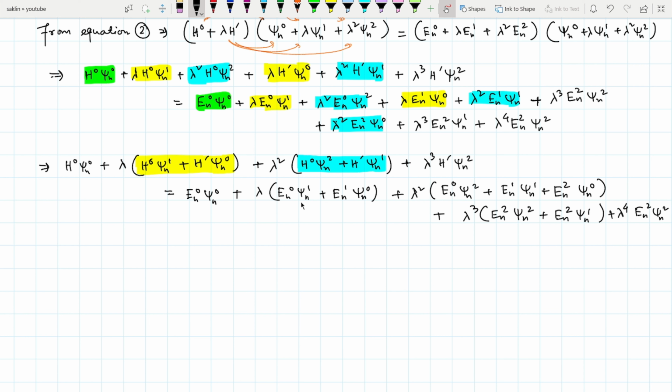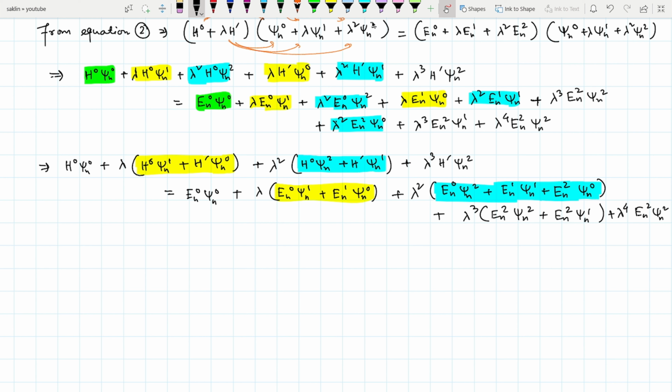From this portion you can see these terms are the common terms, that will be lambda square.